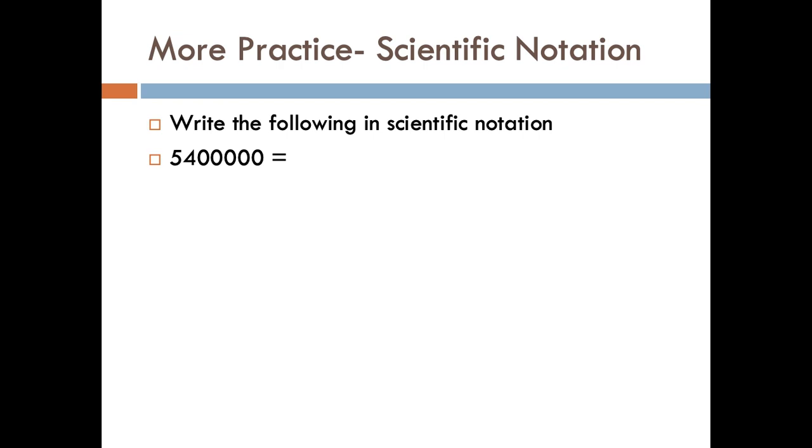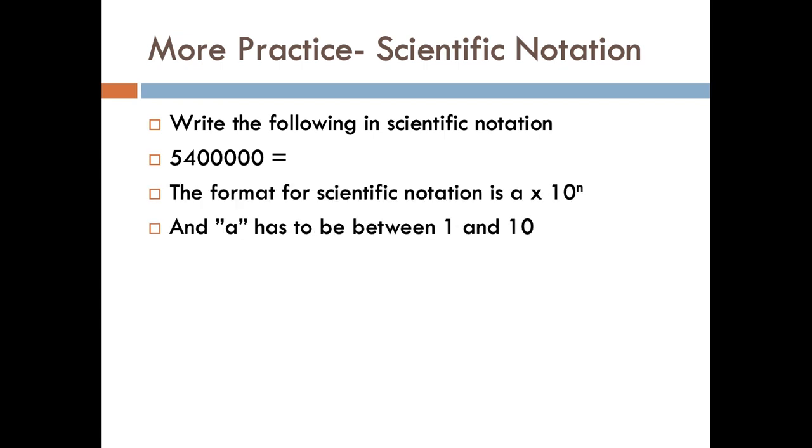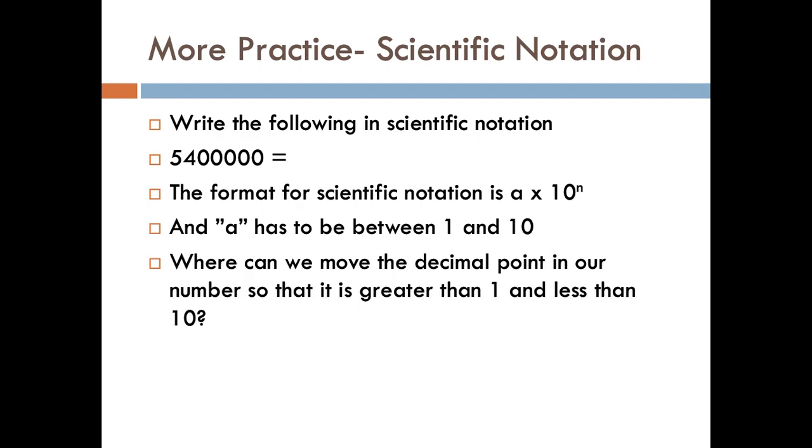And the second scientific notation problem has a larger number. That is 5,400,000. And we've got the same format. We need the a to be between 1 and 10. So we're going to move our decimal point between the 5 and the 4.